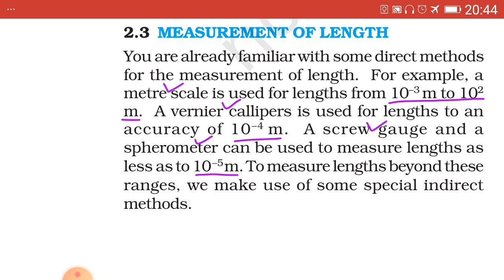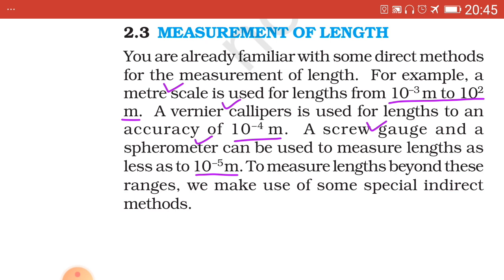Say if you are told to draw a line of 2.3 centimeter, then it is possible. But if you are told to draw a line of 2.34 centimeter, it is not possible. Approximately you draw, it's a different aspect, but it cannot be drawn accurately. This shows that the minimum marking on the meter scale is 0.1 centimeter.